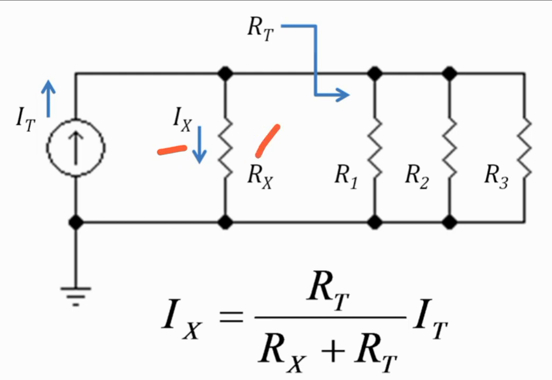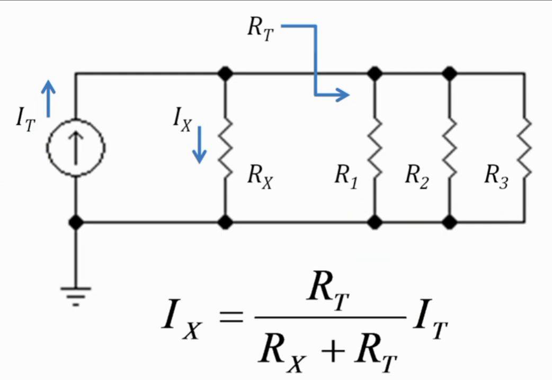Other than this resistor, there are three resistors, so we take the equivalent of them, which is called RT, and we divide it. In the denominator we write RT plus Rx, and we multiply this factor with the total current IT that is being fed to the circuit.